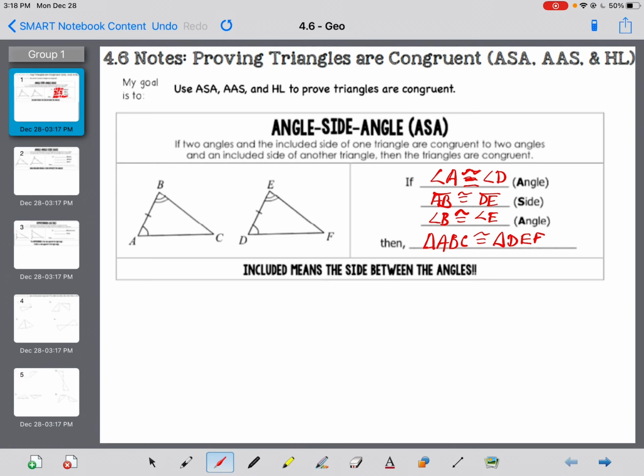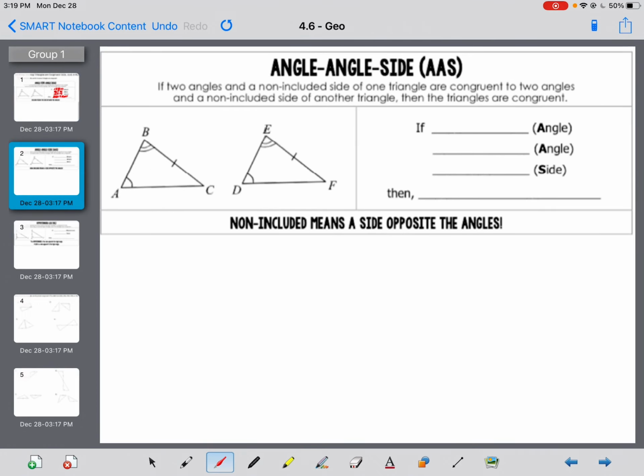Awesome. Angle, side, angle. A side sandwiched between two angles. All touching. Can't skip a thing.